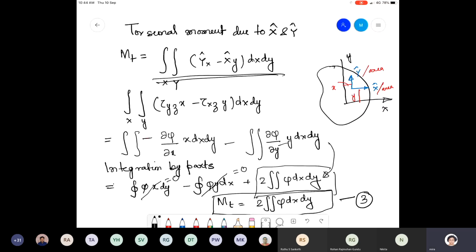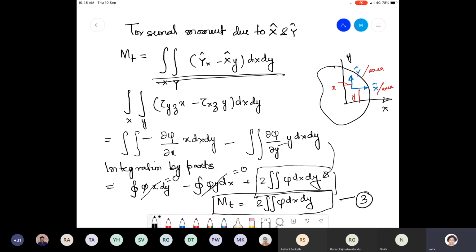So now from equation 3, I get a relation between the applied torque MT and the stress function. Let us understand this. I have to get hold of a stress function phi which is going to satisfy equation 1 and is going to be 0 on the boundary. Phi is going to be a function of G, the shear modulus, and theta, the rate of twist.